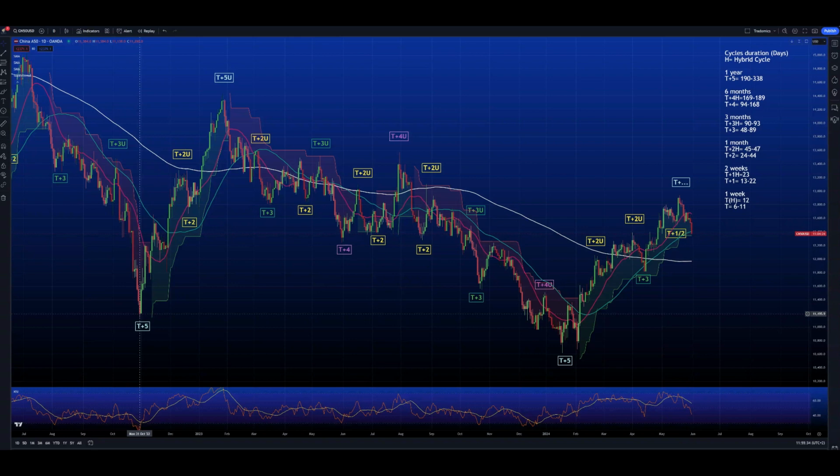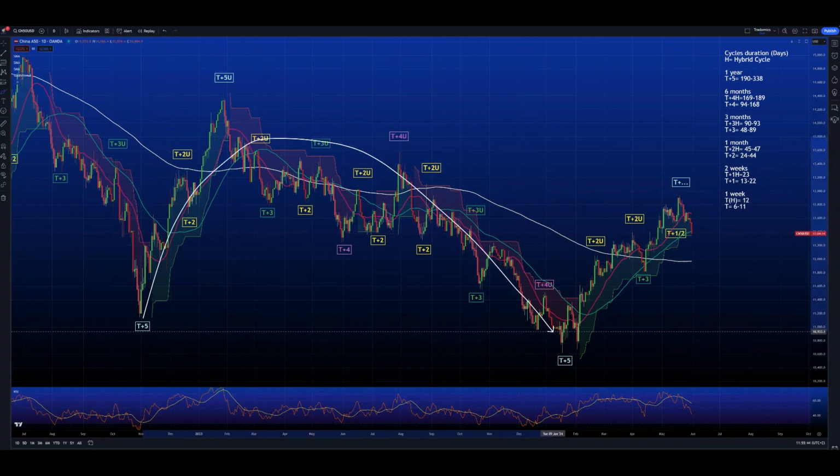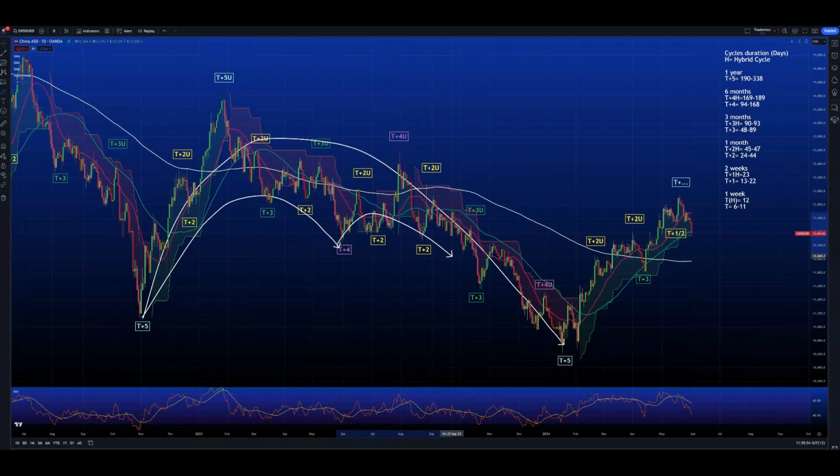So at this low occurred on the 31st of October 2022, we have had a yearly downward cycle of this shape that has been negative. That was divided in the first downward T plus 4, or 6 months cycle, and the second downward T plus 4 cycle.